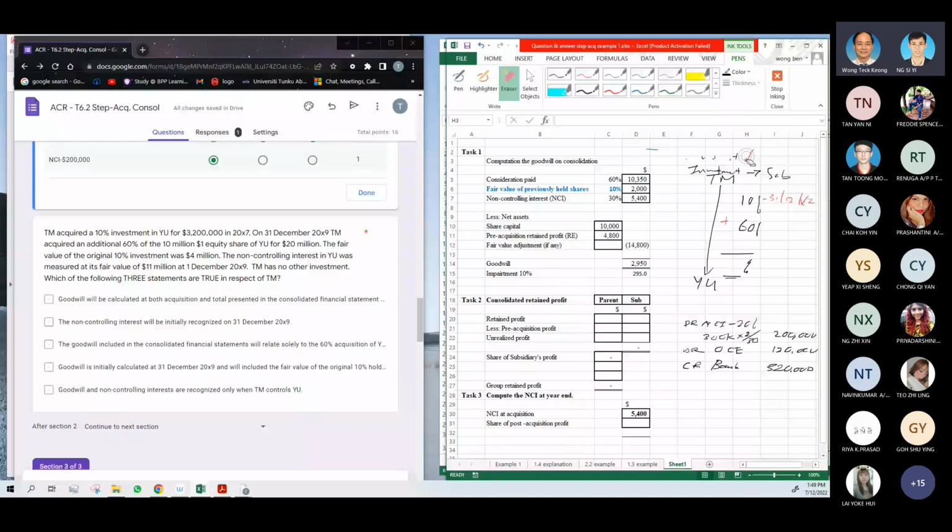So when you reach 70%, you compute goodwill. So this is investment to subsidiary, the type 1. Okay, so this is relatively also quite easy. You just compute goodwill when you first gain control, the first time you reach more than 50%, sorry, 50.